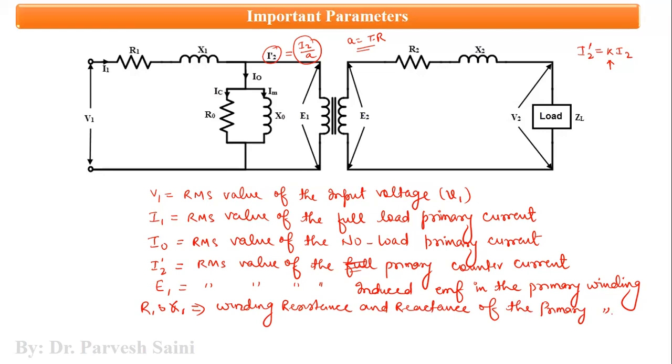Similarly, R naught and X naught are the core parameters under no load condition.